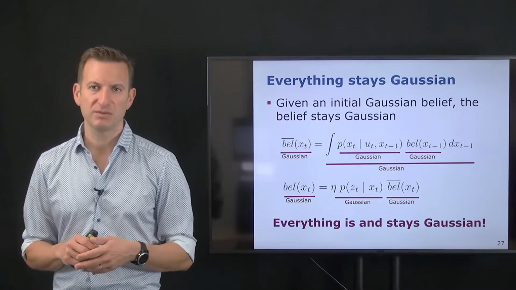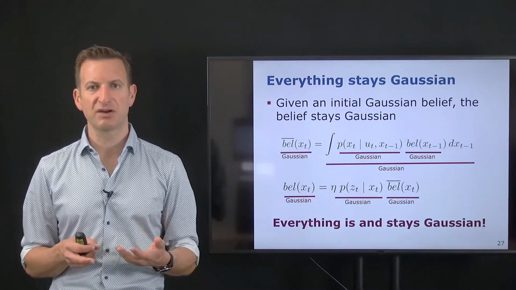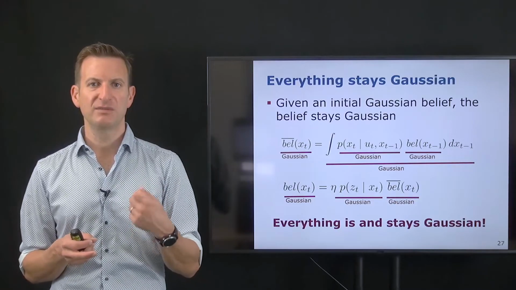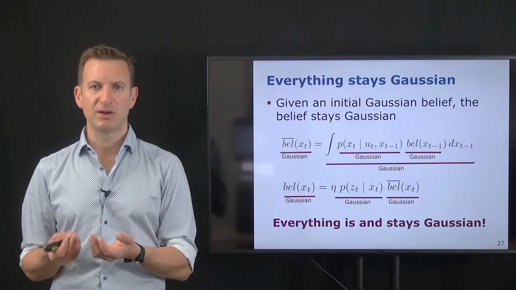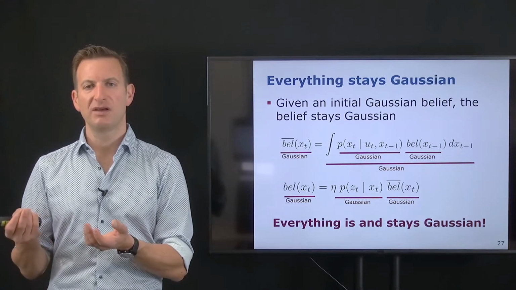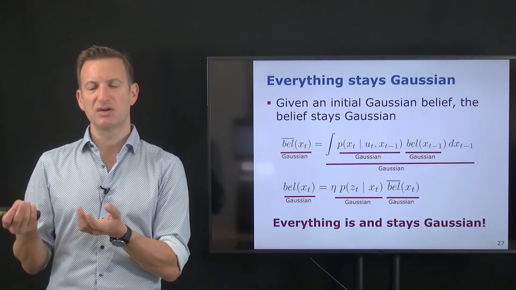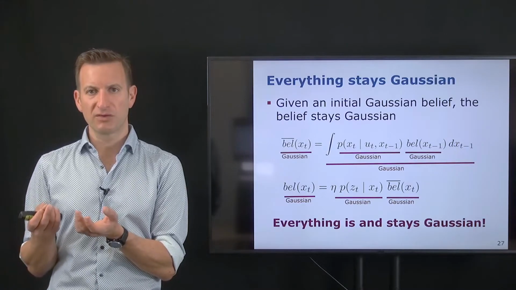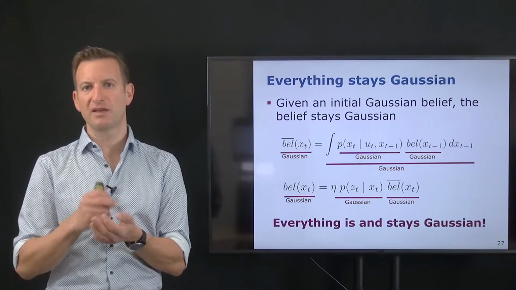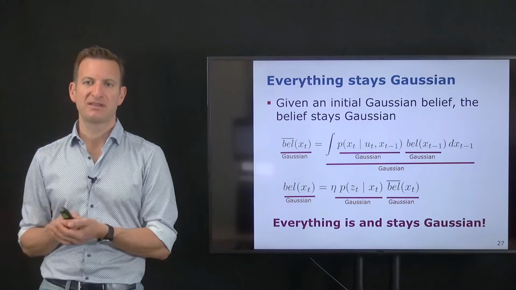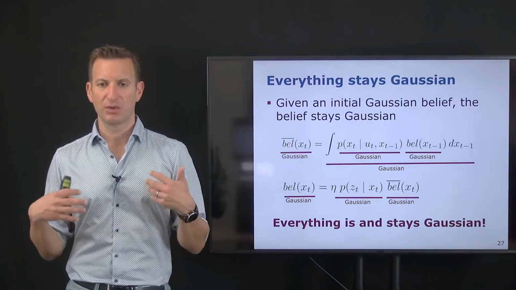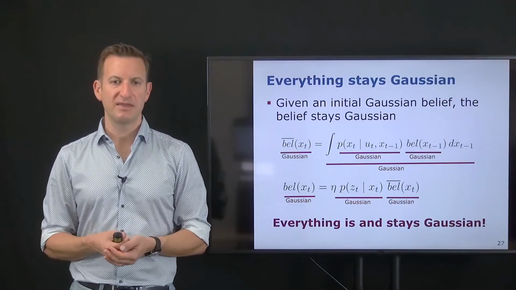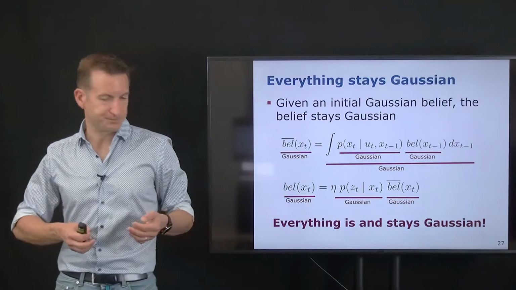And for the observation, we can compute a predicted observation in the linear case by saying z_t, the predicted observation, is the matrix C_t multiplied with the current state xt, saying which observation would the system generate if we are currently in xt. That's what this function C_t tells us, plus some Gaussian noise. So if we have that, everything is Gaussian.